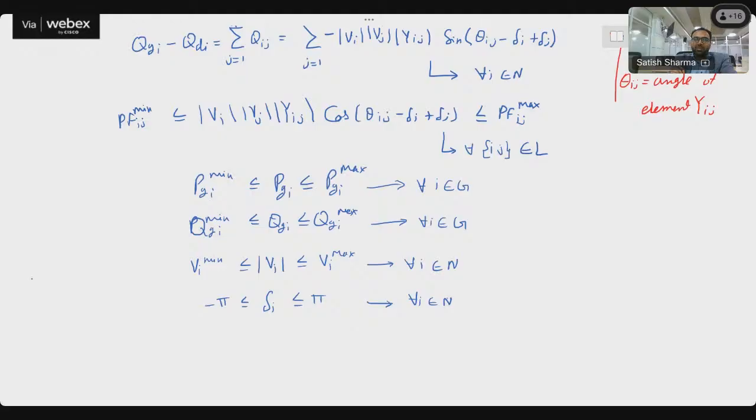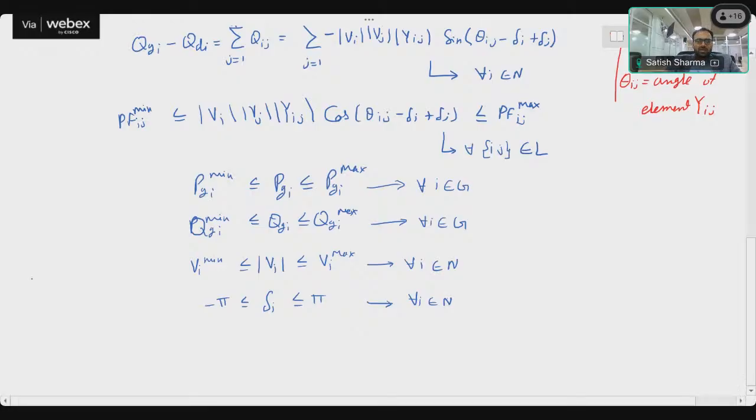So let's say there is a 14 bus system. So yes, it's two. Earlier also we discussed that there are both maximum and minimum limits. So two limits for each node, and if there are 14 nodes, then there will be 28 limits, for each voltage.